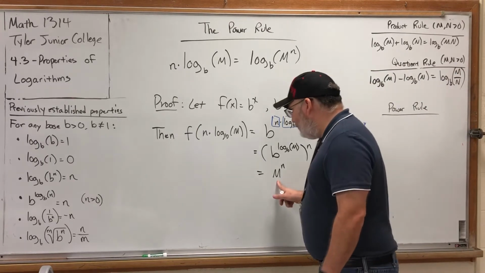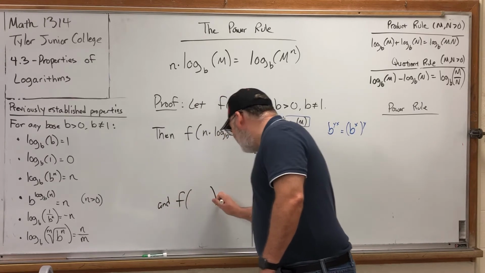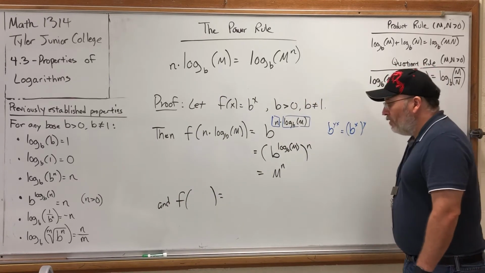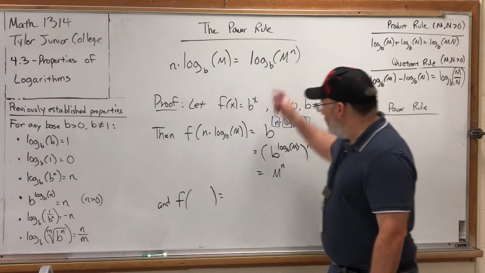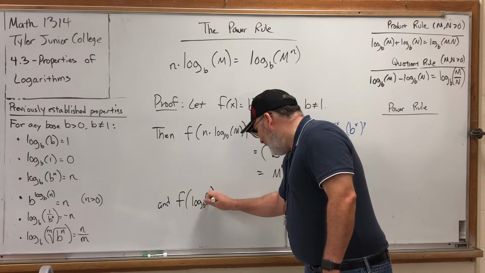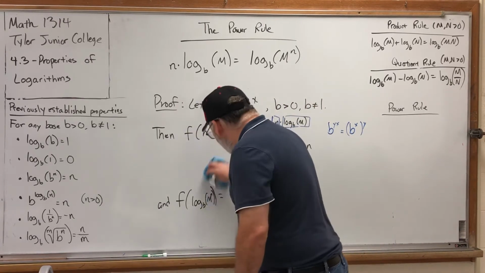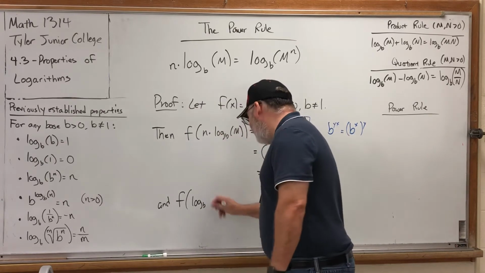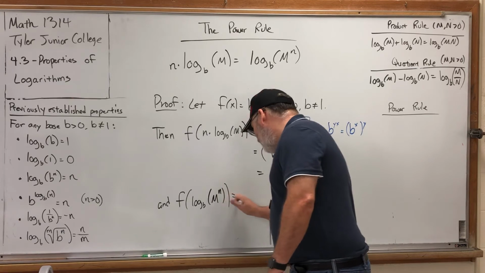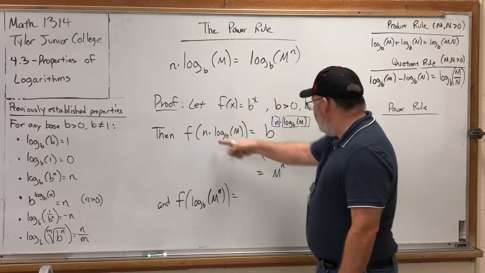So there's one output. And what happens if we put the second side of the property, the power rule, into our function? Log base b of m to the n power. Sorry, a little crowded there. I shouldn't have prematurely closed that parentheses. The output of putting the left side in is this.